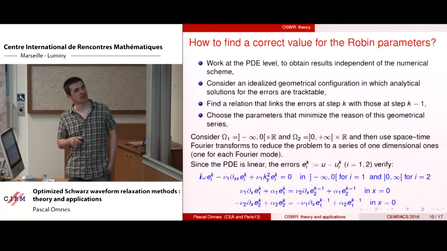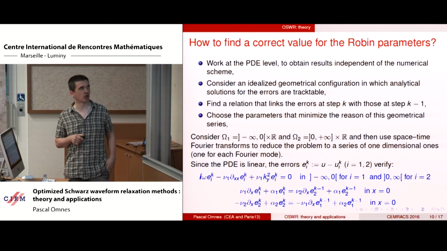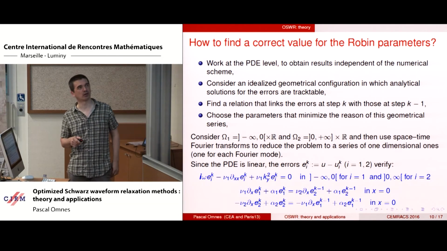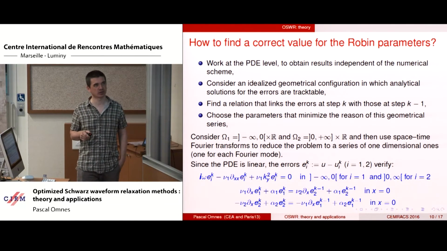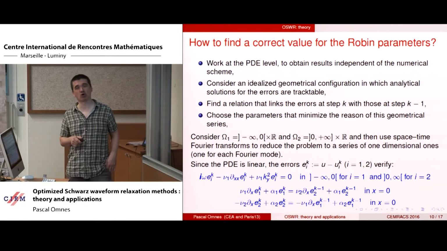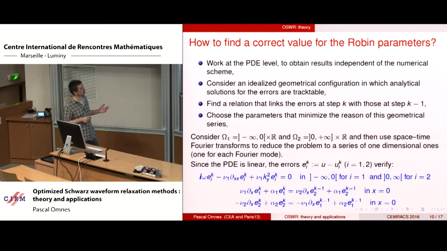And so for the PDE now, you see here that I transform d over dt by i times omega, and d2 over dy2 by minus ky squared. And so this is a simple ODE in the x direction for the error, and so I'm able to solve it.